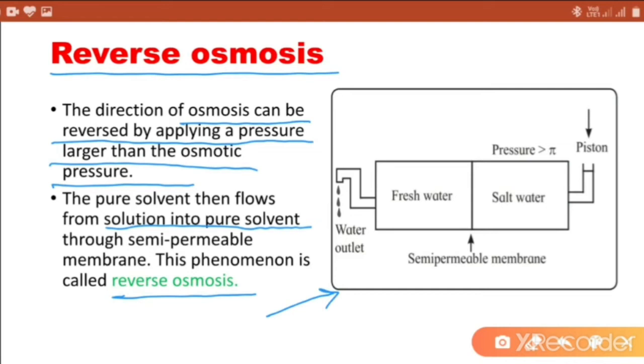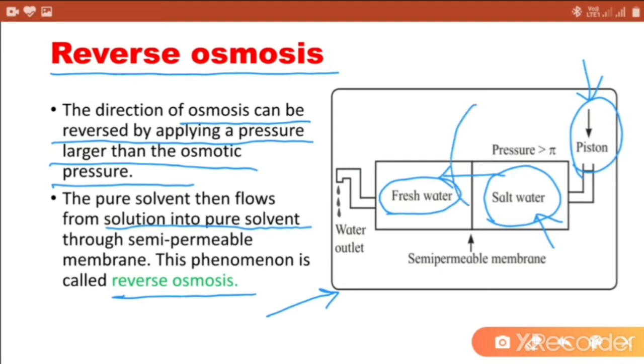Due to application of pressure by using the piston, this salt water solution flows from the solution side to the solvent, fresh water side, through the semi-permeable membrane.